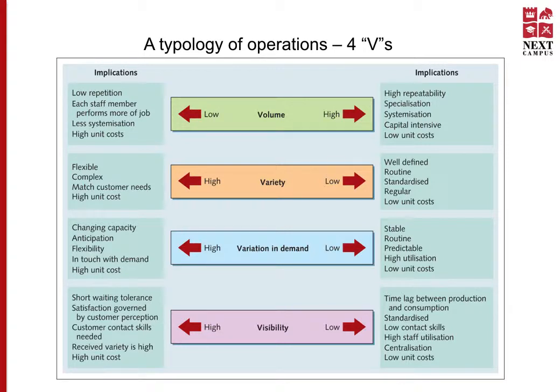And if a product is of high volume, the variation in demand would generally be low. The time lag between production and consumption of such a product would be very small, and most of these products would be in inventory. So the requirement for visibility would not be that great.